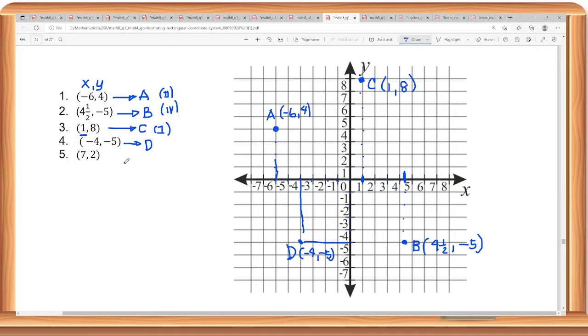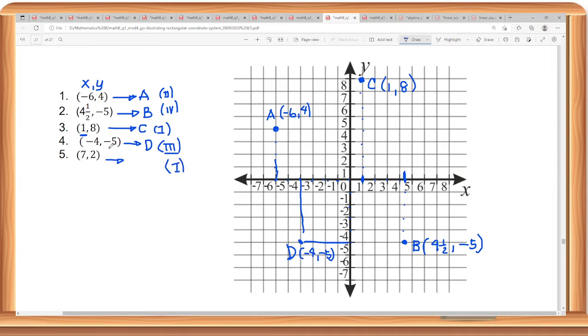Oh, by the way, point D is in the third quadrant because both the coordinates are negative. And lastly, here, obviously, it is the first quadrant because they are both positive.